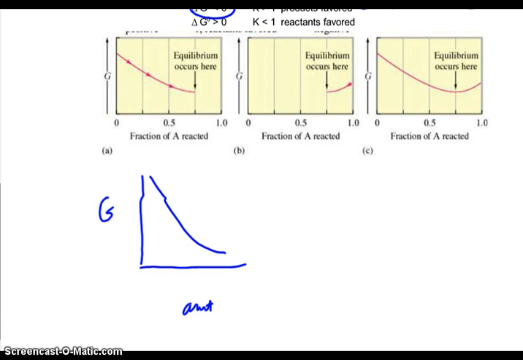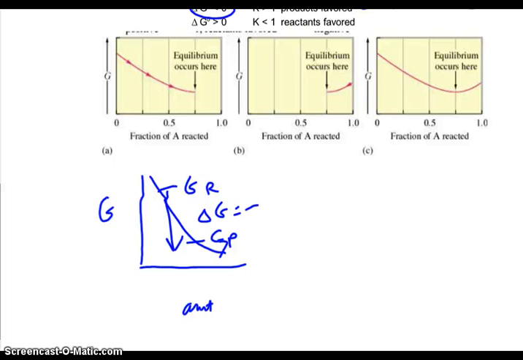If I have my G of products down here and my G of reactants up here, can't you see that that's where your delta G is negative, where your products' G is lower than your reactants'? So you have a net products minus reactants, and delta G is negative in that particular case. Now, how will that drive the system? What does that really mean?